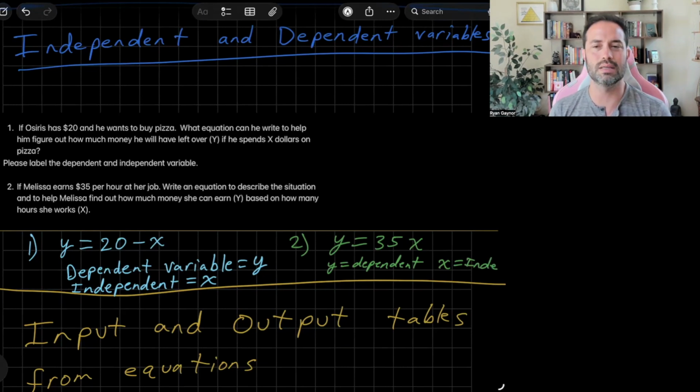Let's just say Indy because I'm running out of space. Again, the money that she will earn will depend on the hours that she works. So if she works 5 hours, that'll be less than 7 hours. All right. Great job. Let's check out the next one.